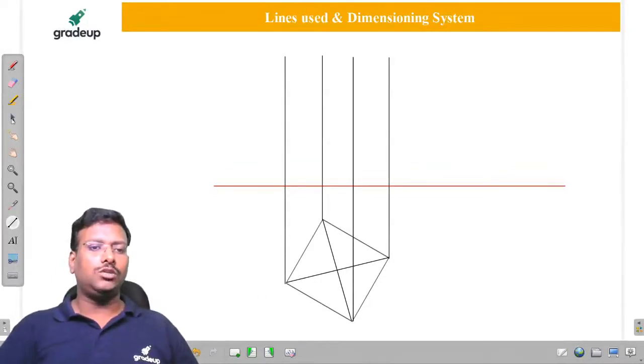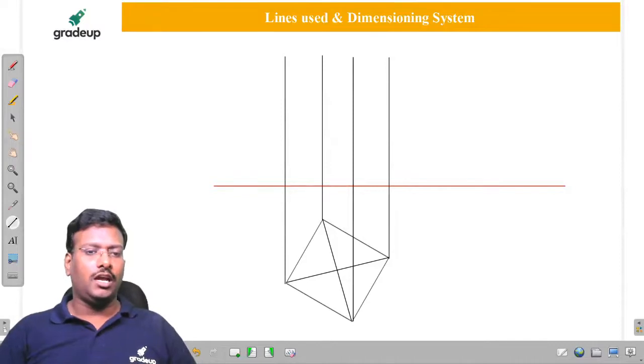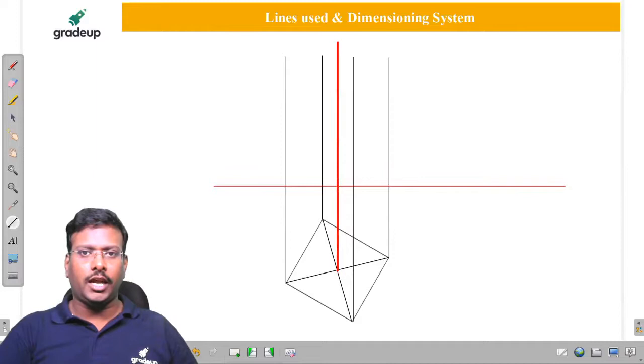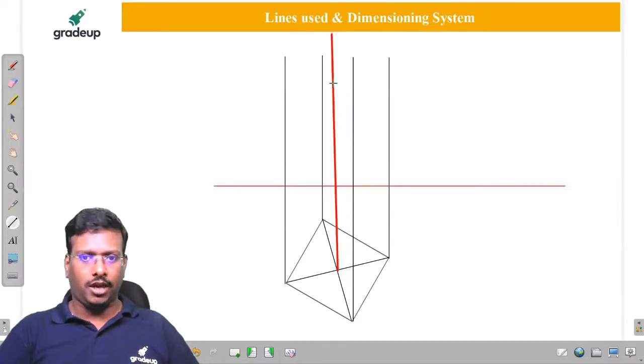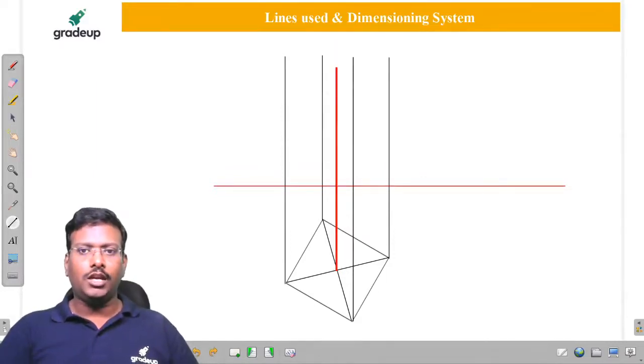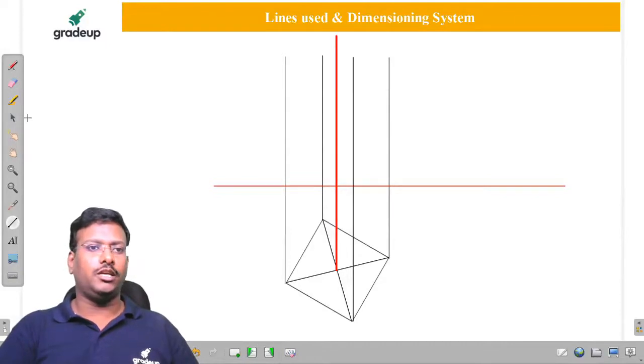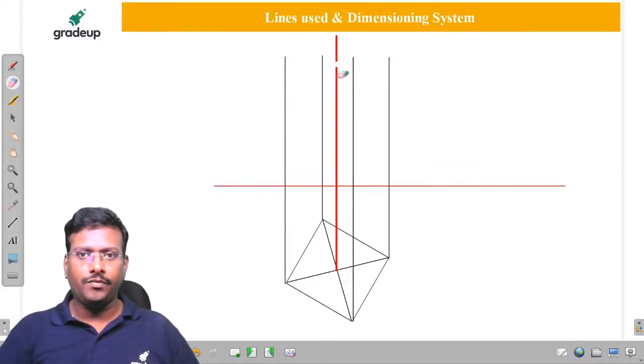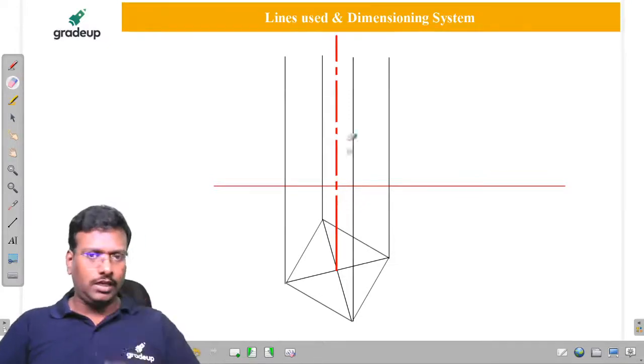Now, the axis is represented with an imaginary line. It can go beyond the object also. But we have to show it as a chain line.